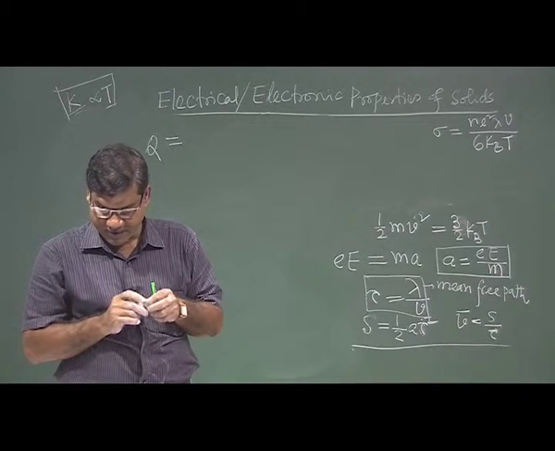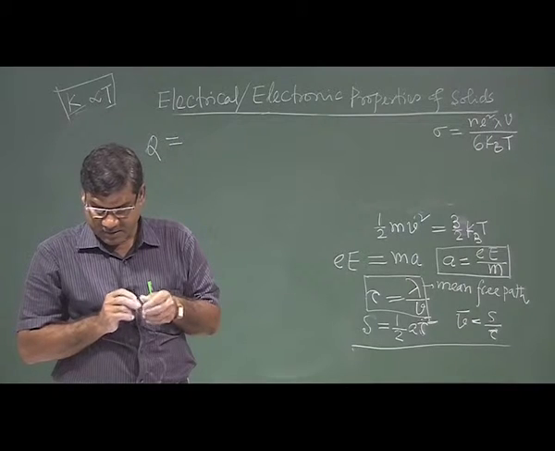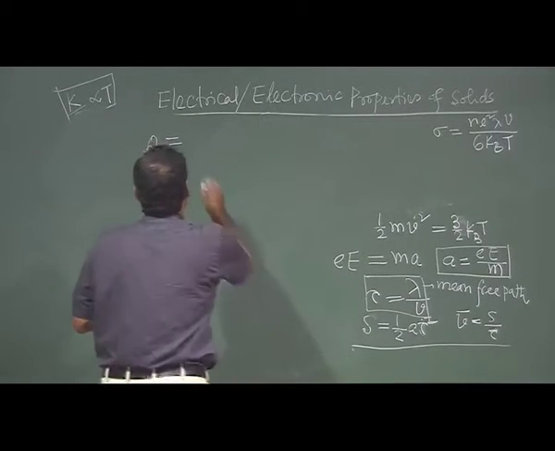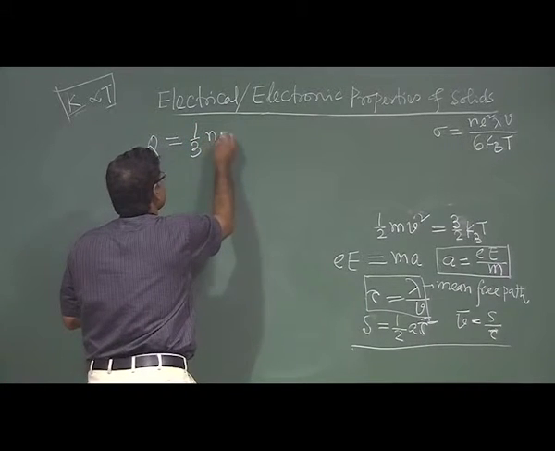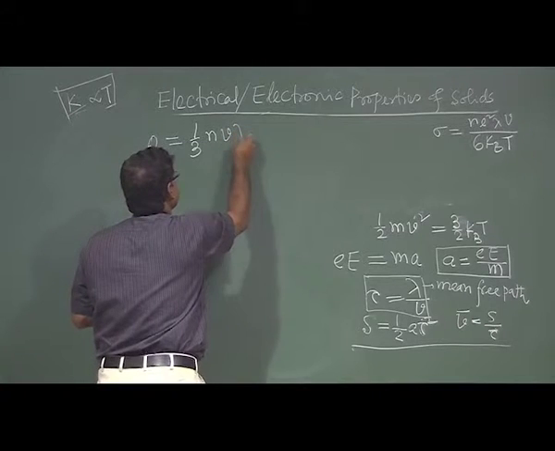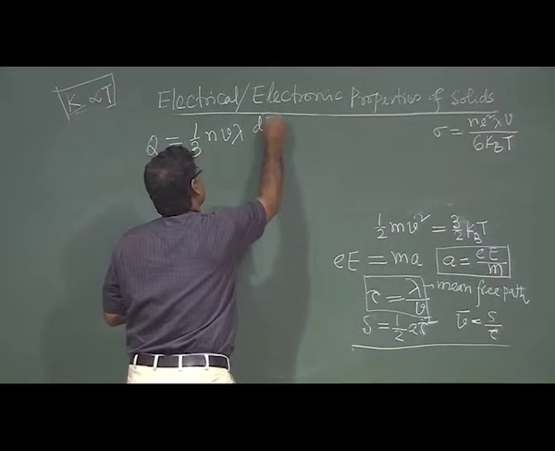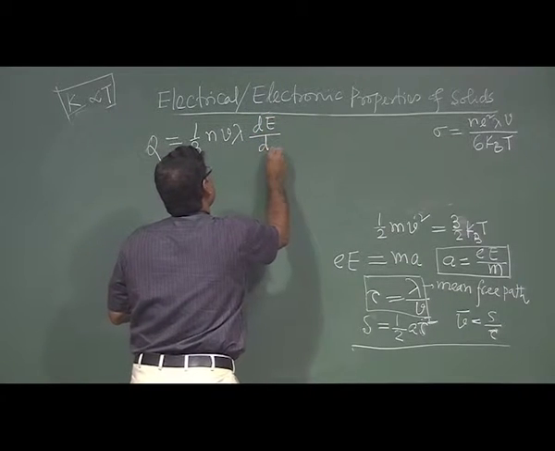I will not derive that one, I will just take it. That is basically 1/3 n v lambda dE by dL.